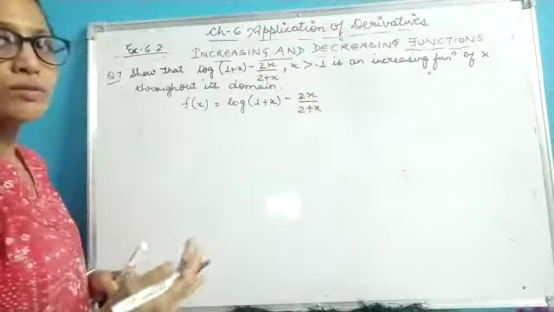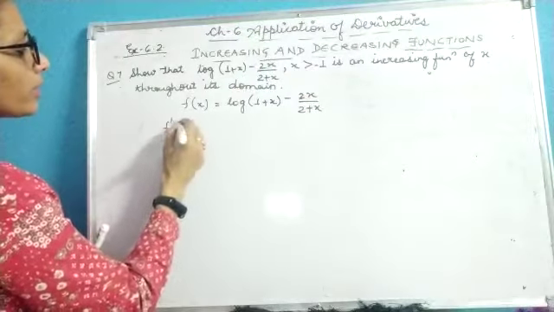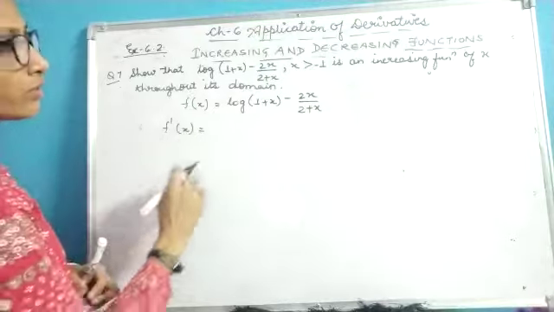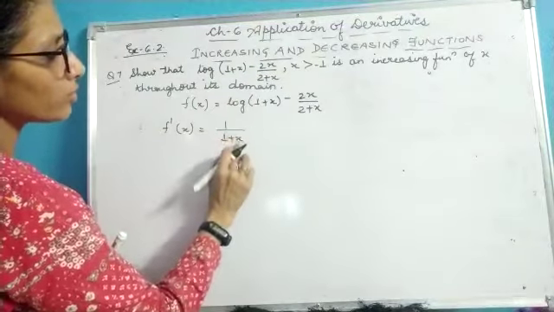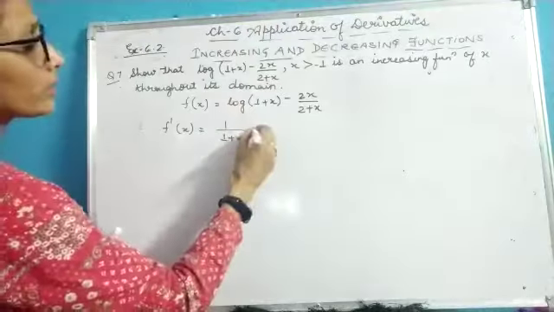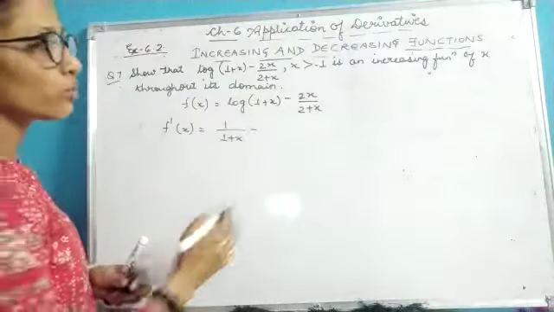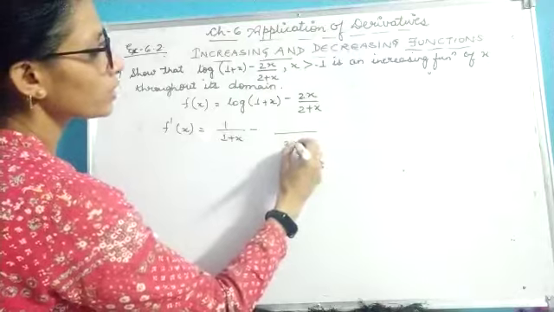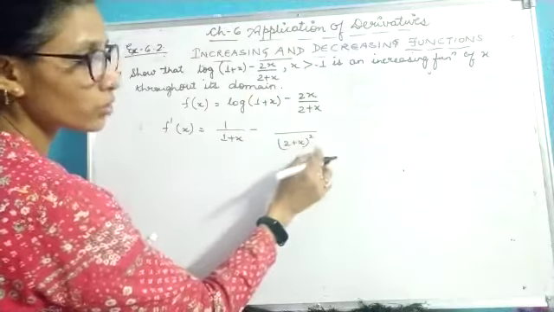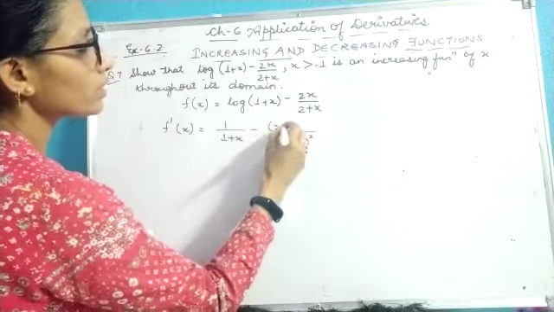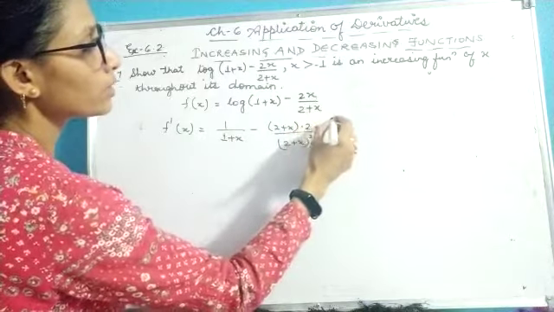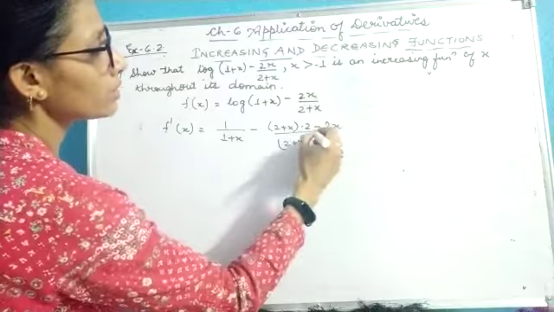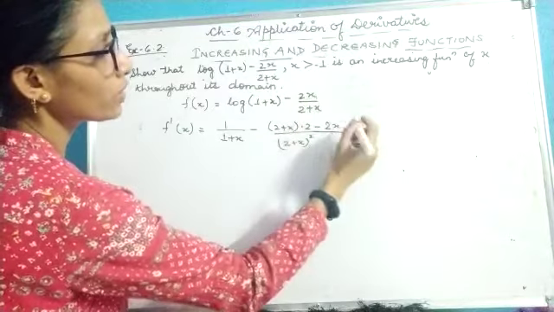So let's do our first step, which is to calculate f dash x. So find out the derivative. Derivative of log of x is 1 upon 1 plus x and differentiation of x is 1, so no need to write. Here you will be applying quotient rule. That means 2 plus x whole square, v square, v as it is, differentiation of this minus this as it is, and differentiation of this will give me just 1.